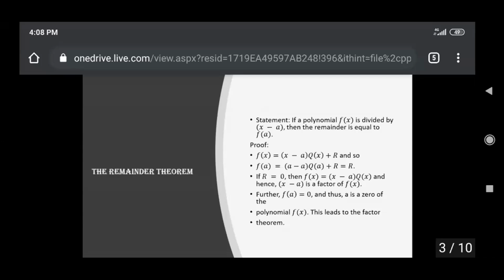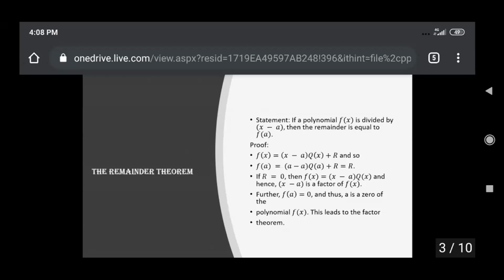For the proof of the remainder theorem, we will write f of x, the dividend, is equal to the divisor, which is x minus a, into the quotient, which I will consider as q of x. I am considering q of x because the polynomial has coefficients related to x terms, so the quotient is also in x terms. So f of x is equal to x minus a into q of x plus r, where r is the remainder.